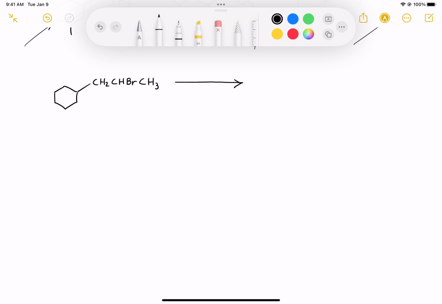And say I want to make this molecule. All right, so I want to make this alkene here. Okay. All right, so you may recall that to make an alkene from an alkyl halide, you want to use a bulky base. So in this case, let's just redraw this out here.